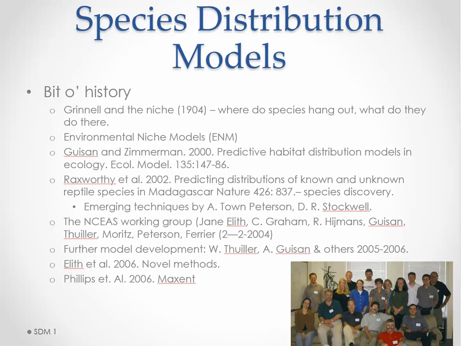The distribution models are basically using museum data or collections data, places where we've seen things before, to make predictions about where things might otherwise be, or where they might be under changing environmental conditions. As such, it's not trying to estimate the likelihood of finding something when you actually go out and look for it.